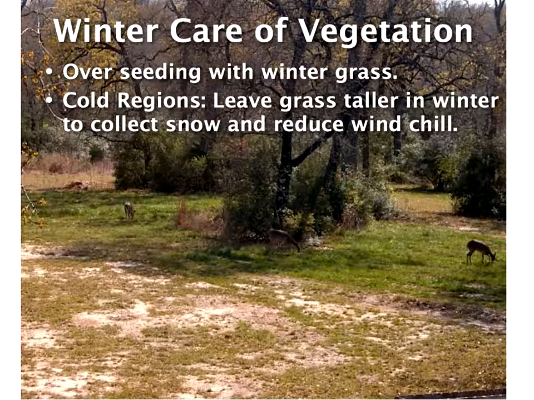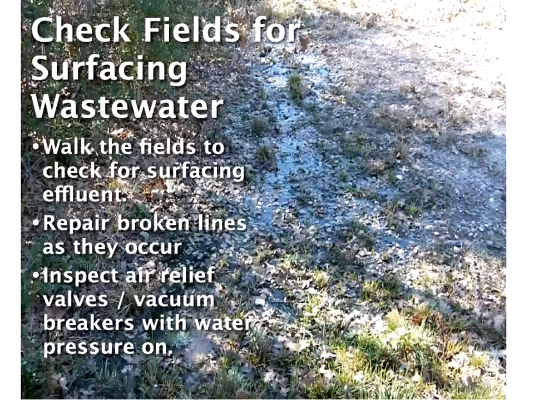Initially we did have some problems when people first started doing drip in freezing conditions. It's when there's no snow. Take a year with no snow, and that's when the problems arise. So grass is a great idea. Check the fields for surfacing.